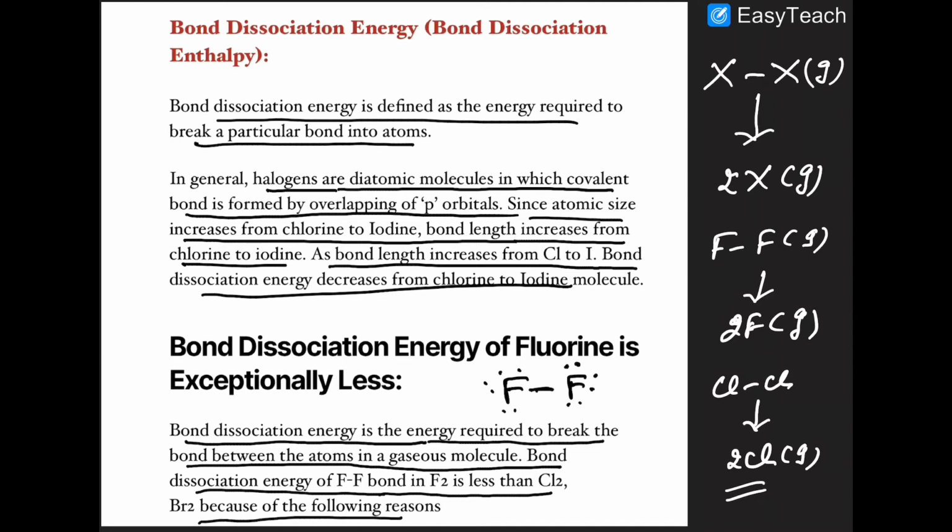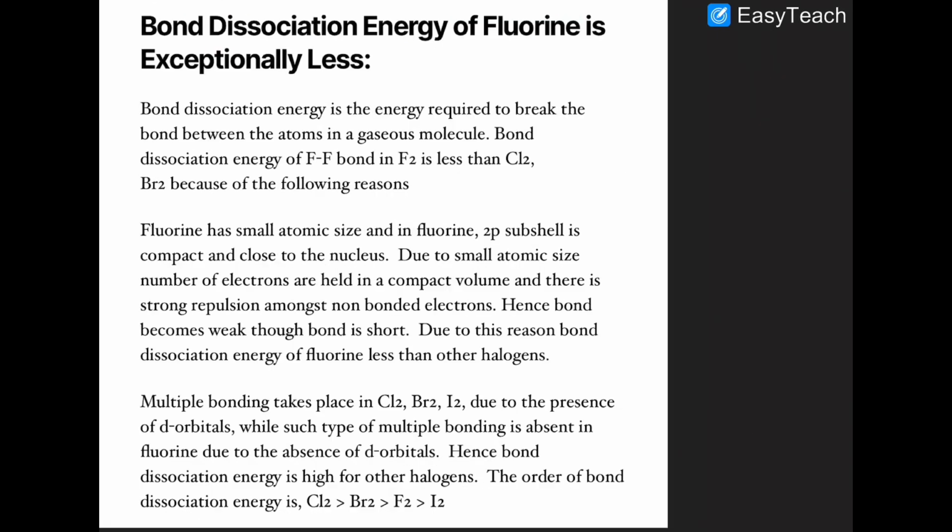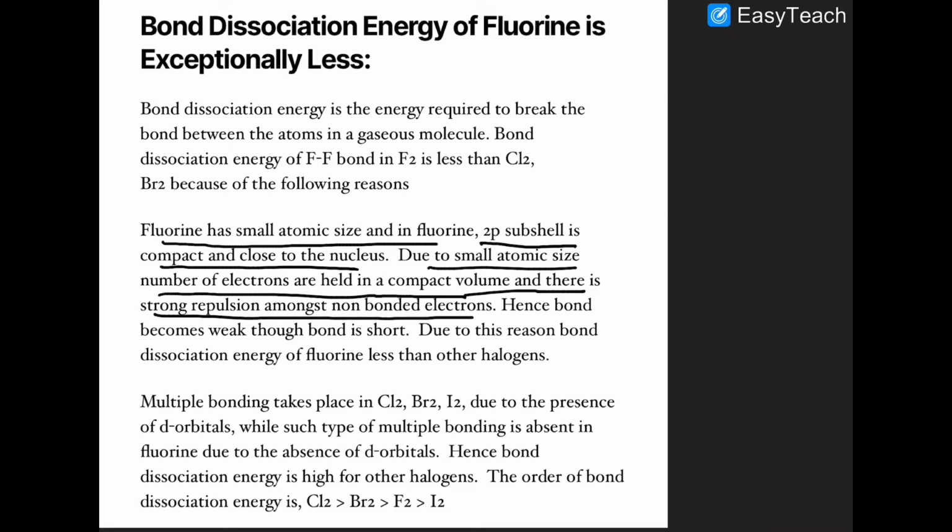Fluorine has a small atomic size, and the 2p subshell is compact and close to the nucleus. Due to the small atomic size, a number of electrons are held in a very small volume, and there is strong repulsion among the non-bonded electrons.